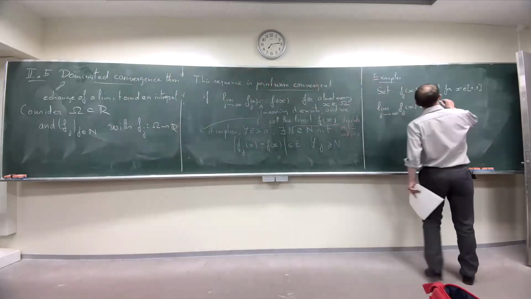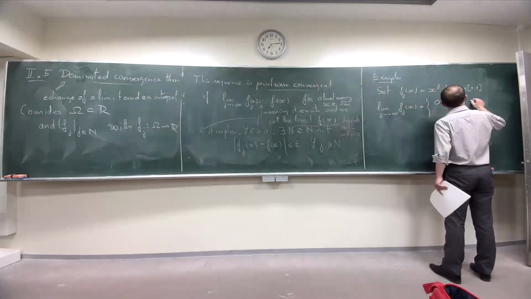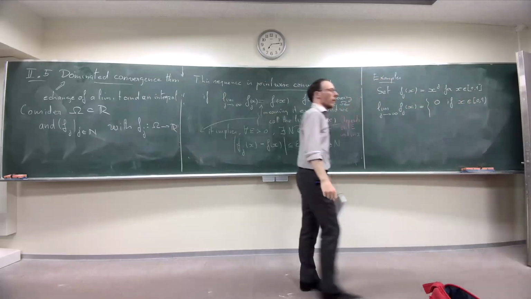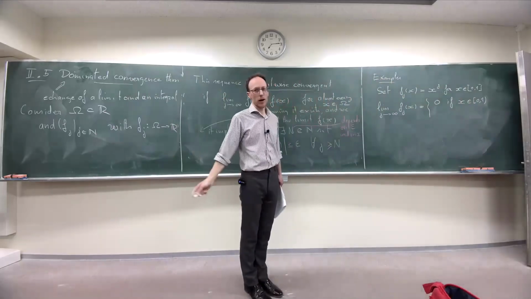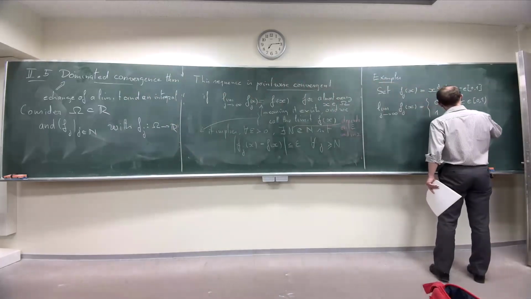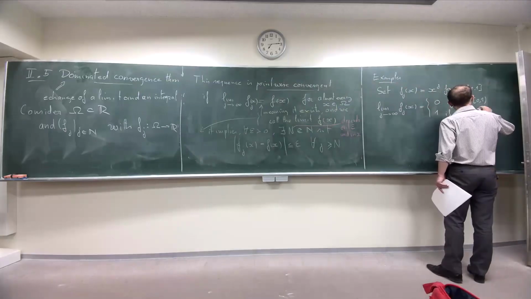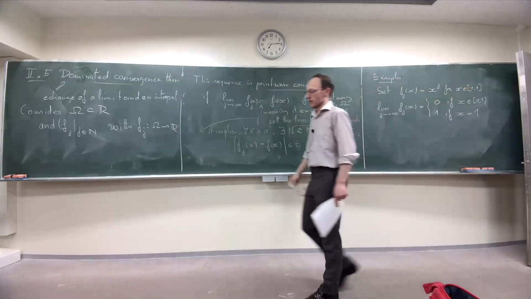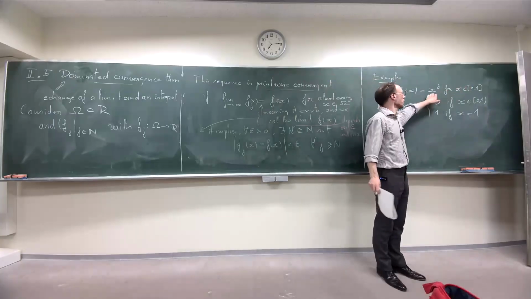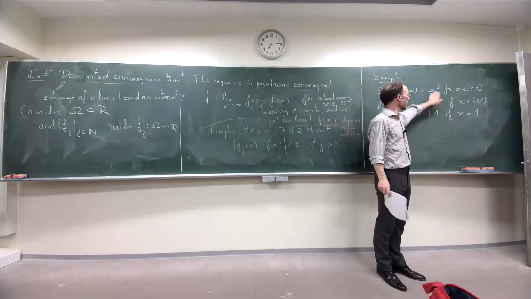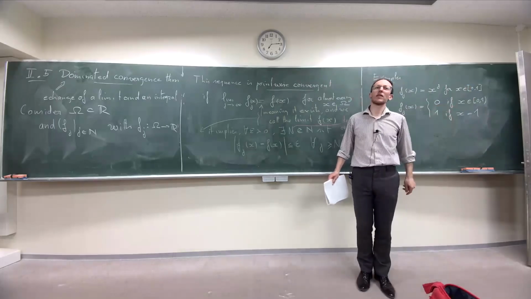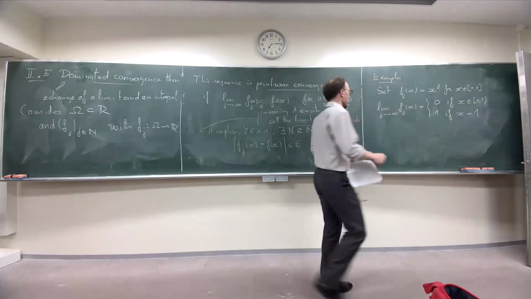Yes, it is 0 if x is in the open interval (0,1). But if x is 1, it's 1, because 1 to any power is still 1. Observe, this is a very nice function, just a polynomial. Nevertheless, its pointwise limit is this function, which is 0 and 1, which is not at all continuous.